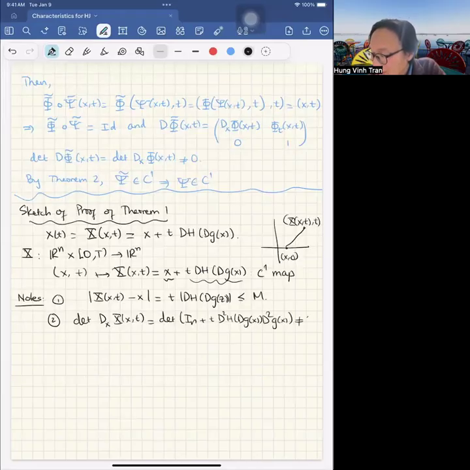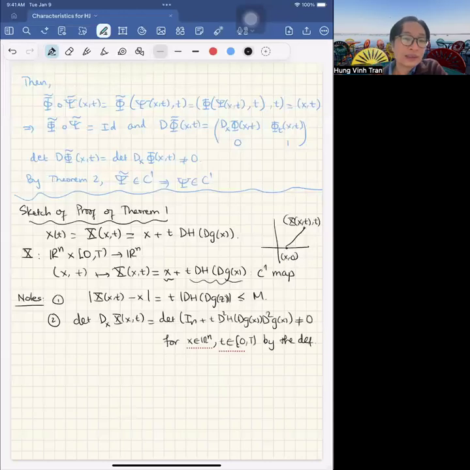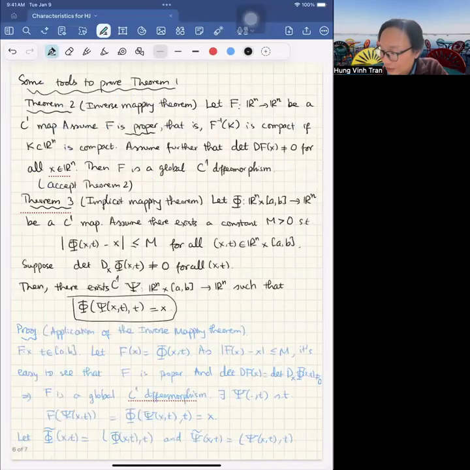And this is not 0 for x in R^n and t in (0,T) by the definition of T. Let me recall here, you can look at the implicit mapping theorem.